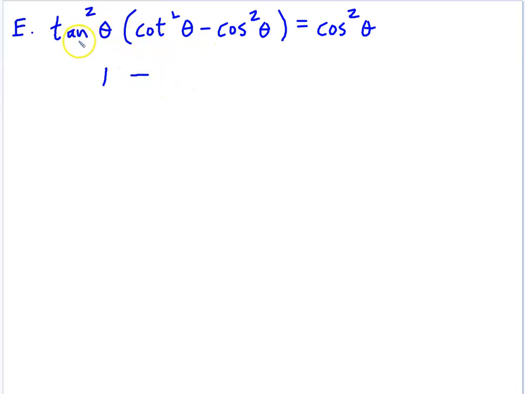And then if you think of tangent as sine over cosine, so let's just do, it's going to be the distributive property, sine over cosine times cosine squared.